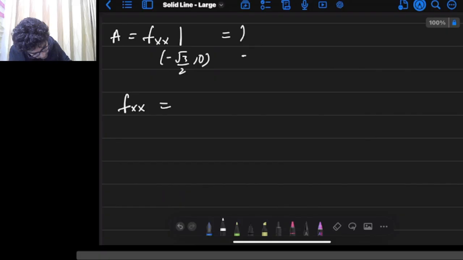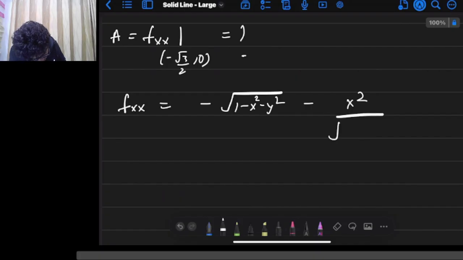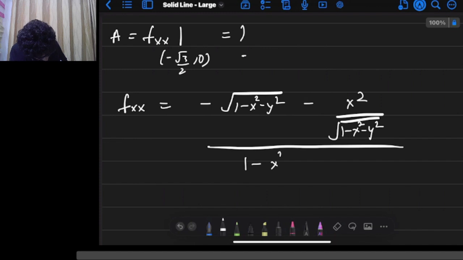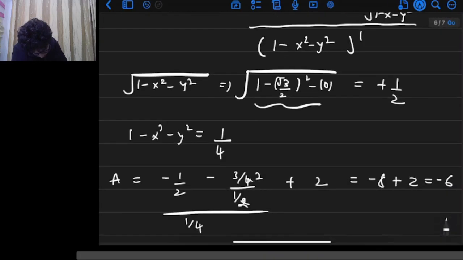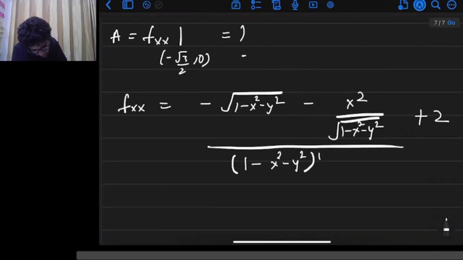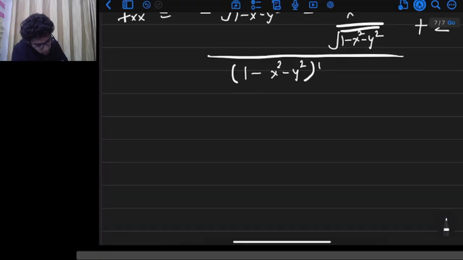This expression was minus root of 1 minus x square minus y square, minus x square by root of 1 minus x square minus y square, and this is (1 minus x square minus y square) to the power 1 and 1 by 2. This was my expression. And if I evaluate fxx at (minus root 3 by 2, 0), this will also give me the same value, minus 6.